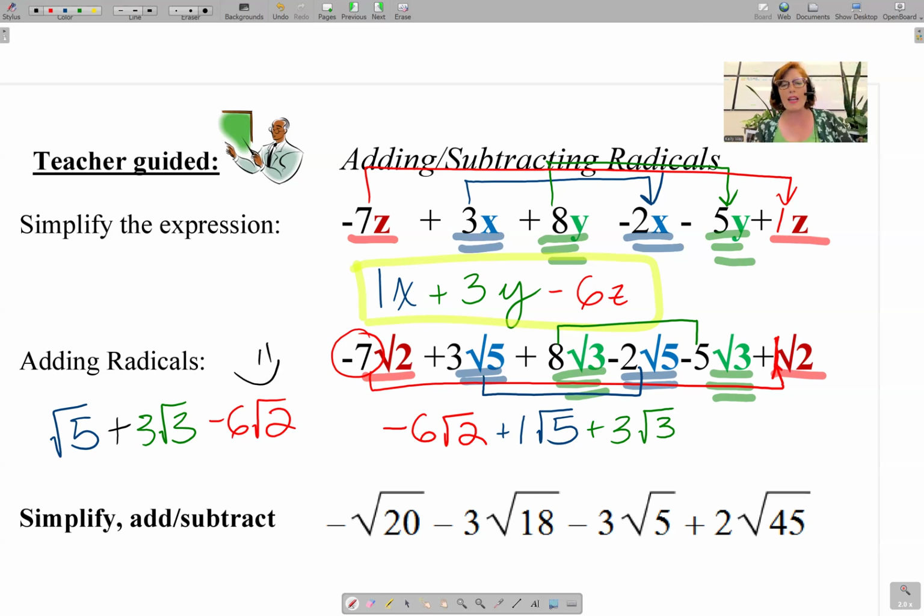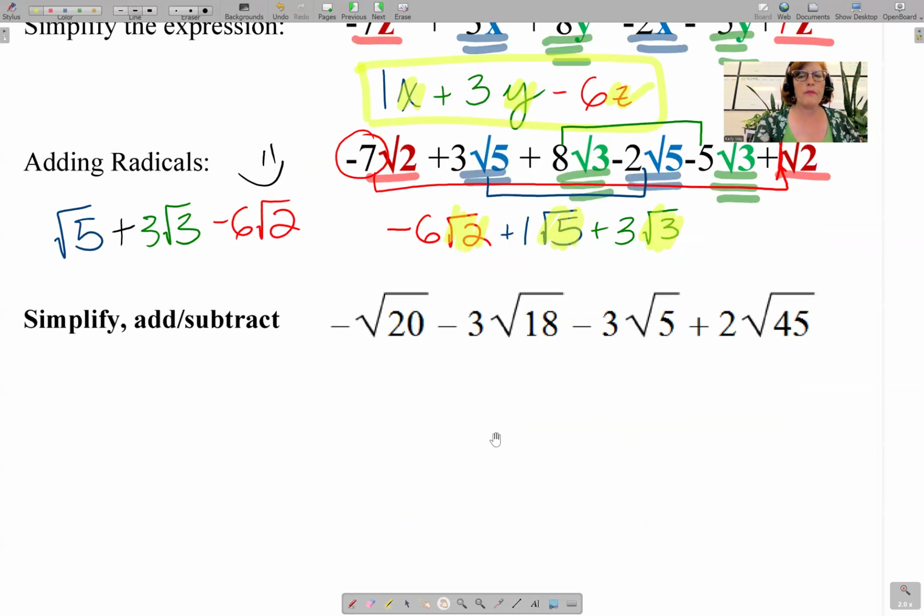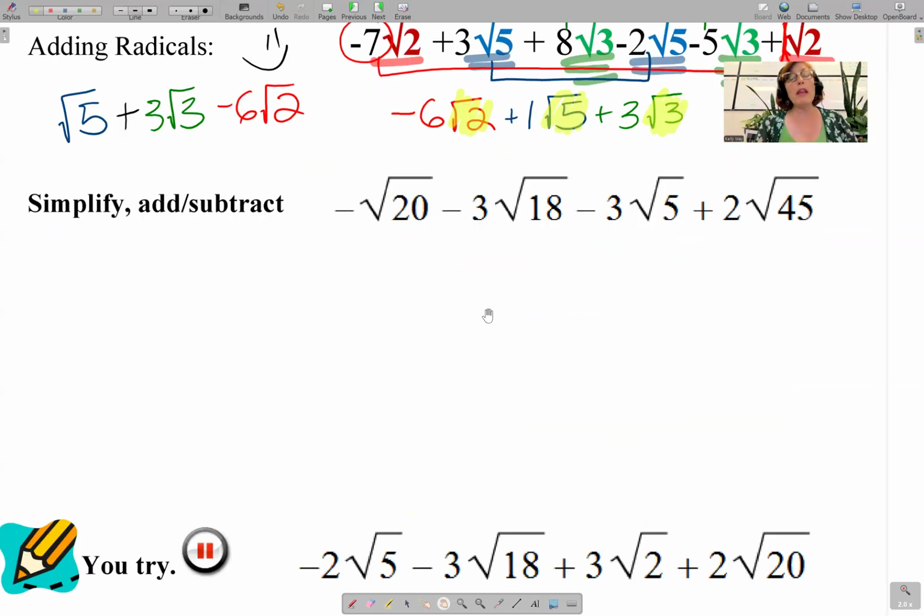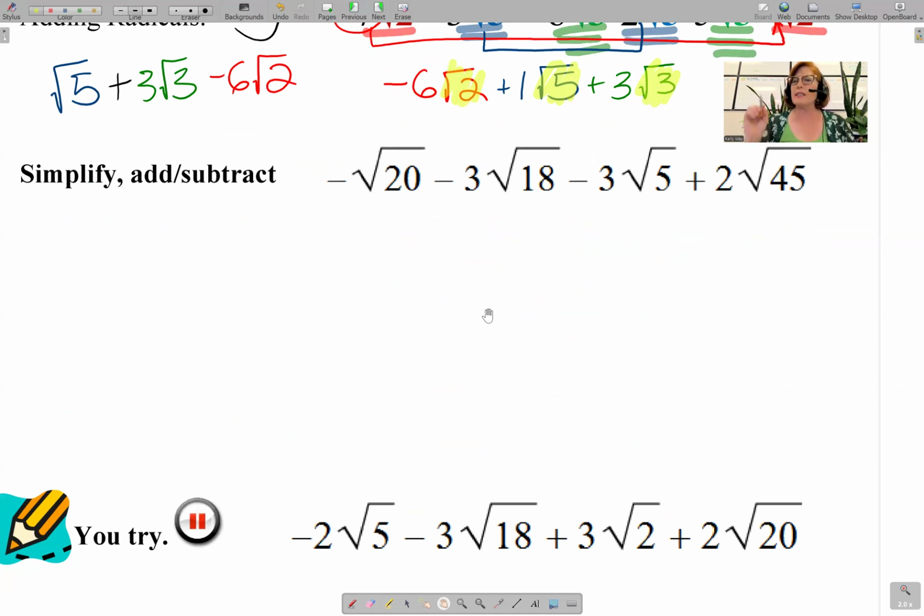Okay, but radicals follow the same rules as variables. Notice here the variables did not change, nor did the radicals when you add and subtract. But the main rule is you have to simplify first. So let's do this problem together, and then the problem down below you're going to do on your own.